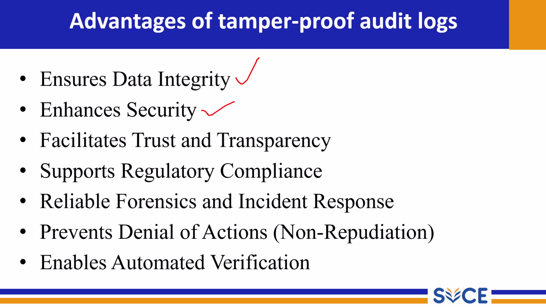It protects against insider threats and malicious tampering, acts as a deterrent for unauthorized modification, and facilitates trust and transparency. It builds confidence with stakeholders, auditors, and clients, and is useful for regulated environments like finance, healthcare, and defense.